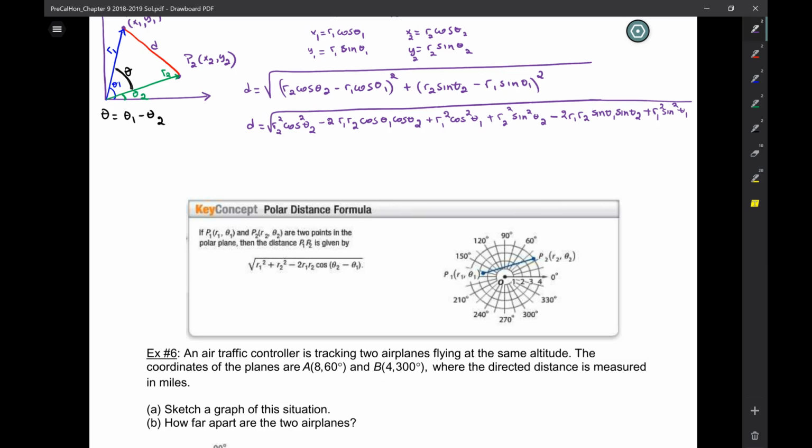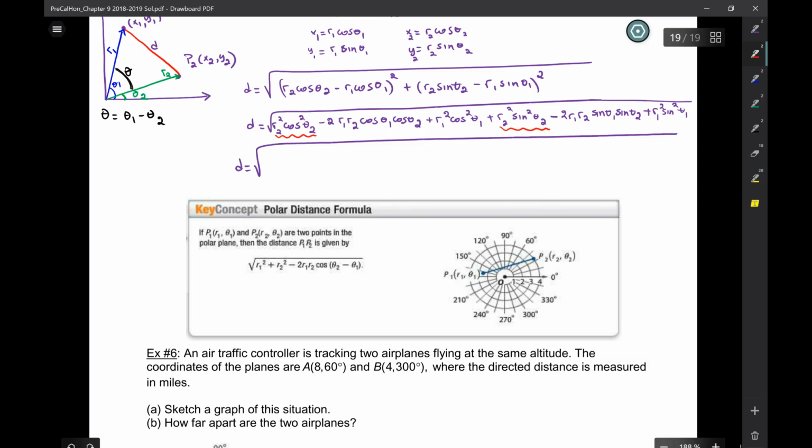Okay, so now look at what I have here. D equals the square root of, I'm going to collect all the ones that look like this. Look, R2 squared, R2 squared. So that's going to be R2 squared, cosine squared plus sine squared.